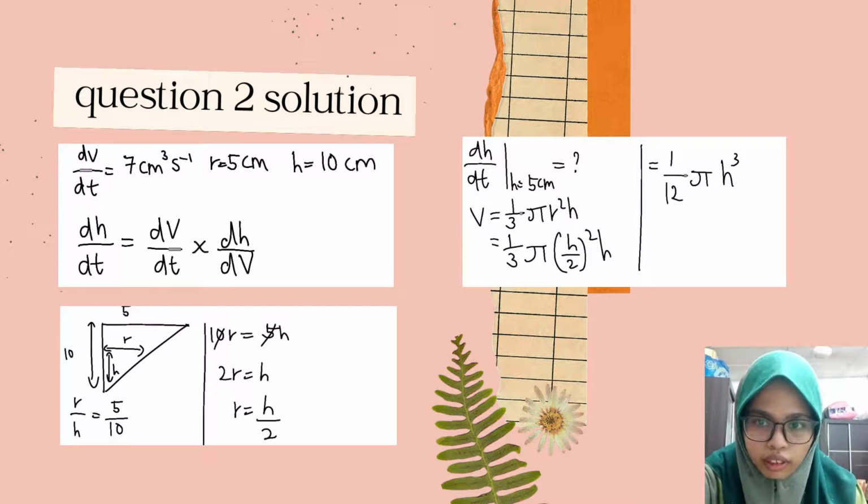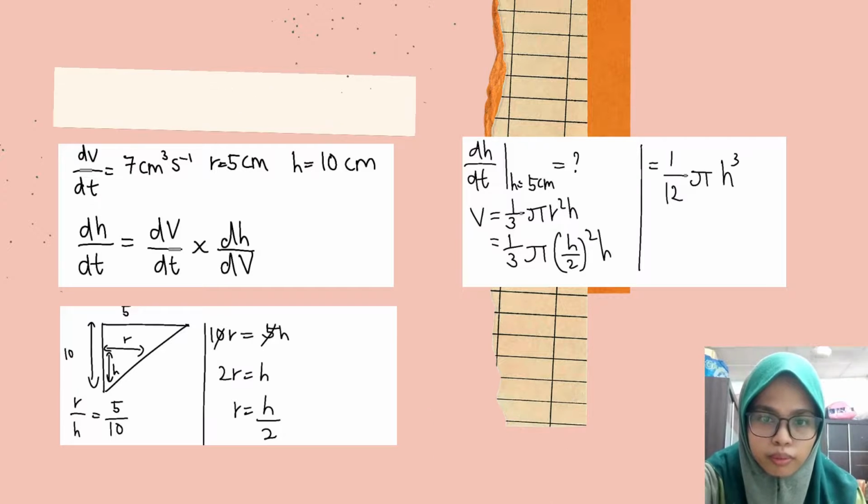From the triangle, r over h equals 5 over 10, and we will get r equals h over 2. So we substitute this into the formula, so V equals 1 over 12 pi h cubed.